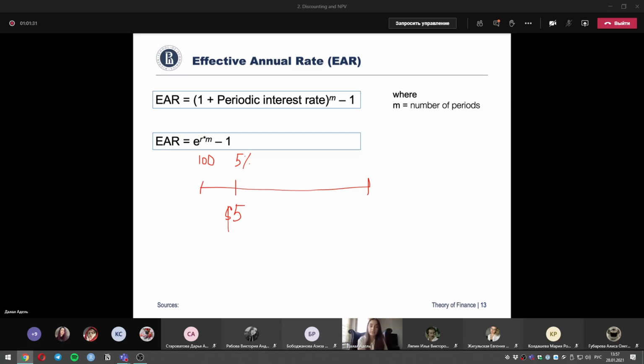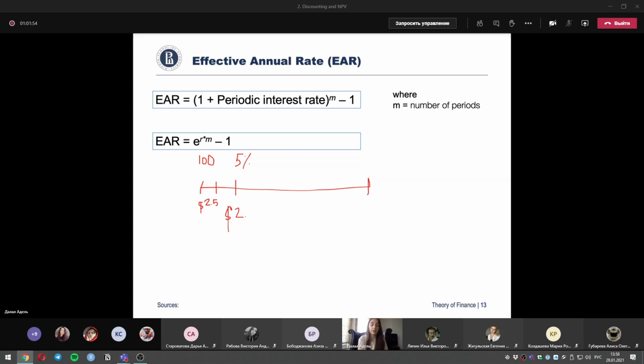We can receive it semi-annually, which means that these $5 will be split in 2 tranches, $2.5, so the first half after 6 months, and then the second half after a year. So what is the difference here? Why do we need to account for compounding?